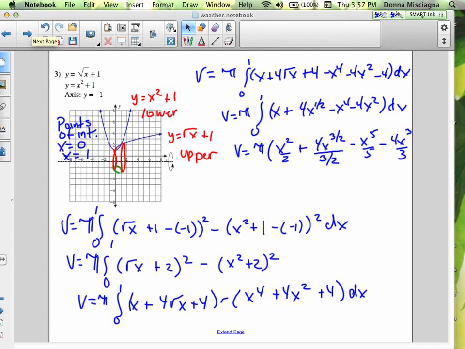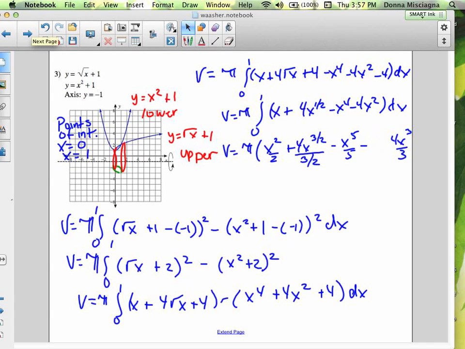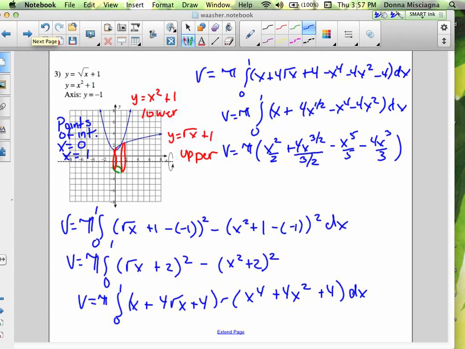And we're evaluating that from 0 to 1. It's not that this problem was so long, but somehow I took up a lot of space. And I'm trying to figure out where I'm going to write any more.